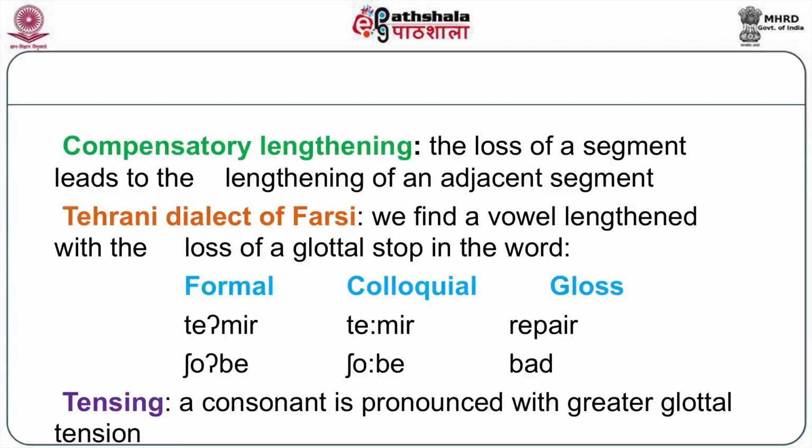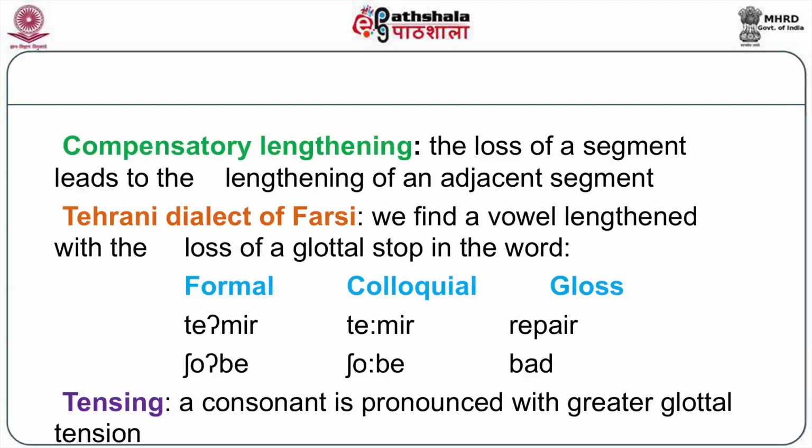We have some other examples such as hasta. Now, because s and t are substituted by a single consonant th, then a becomes long, such as hath. These changes are common from Middle Indo-Aryan to Modern Indo-Aryan.